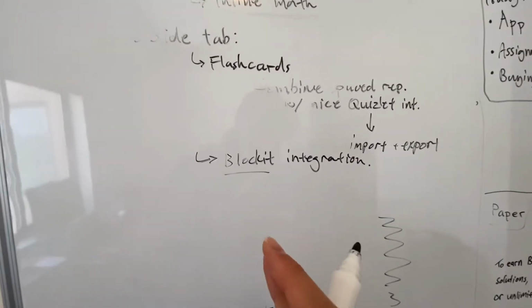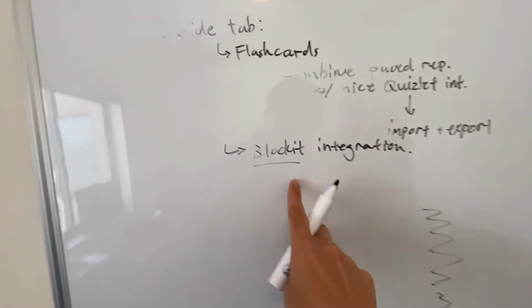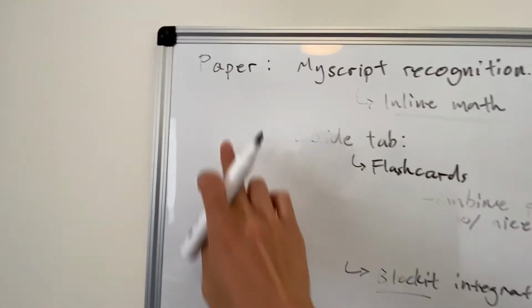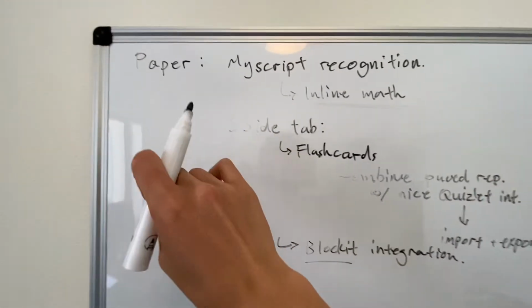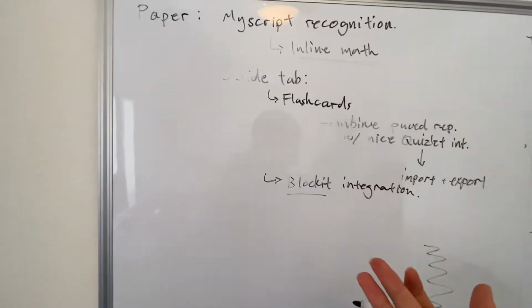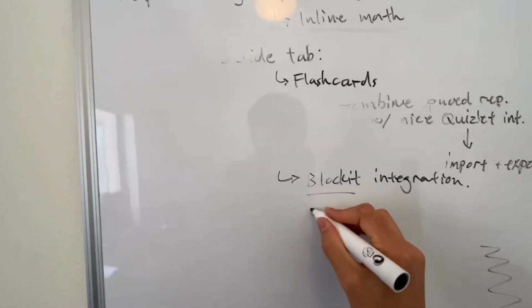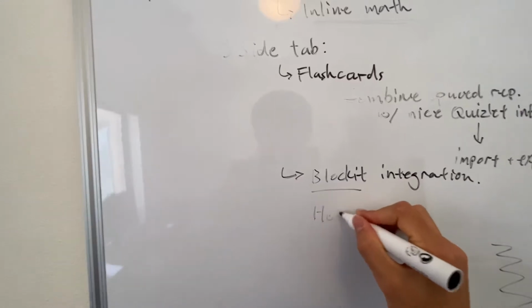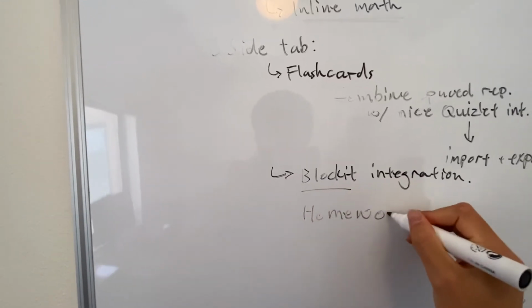So yeah, Blockit integration, but how's that going to integrate with Paper? Well, Paper's a note-taking app. You're going to be using that during class. So you have homework, right? So it's going to have a direct link to your homework bucket.